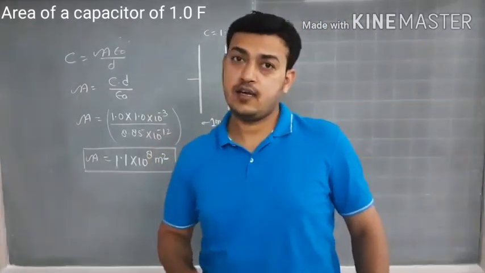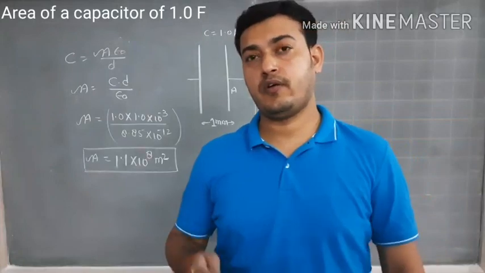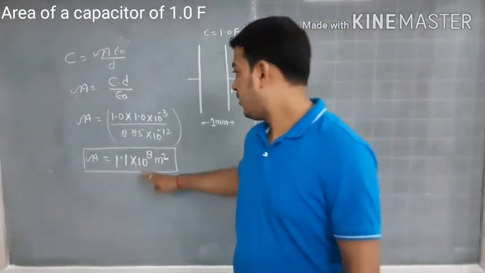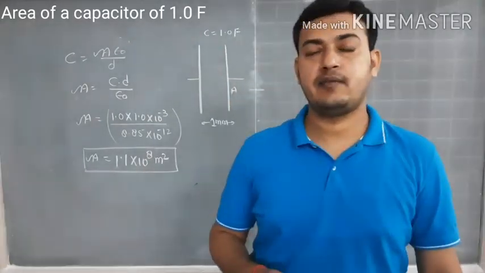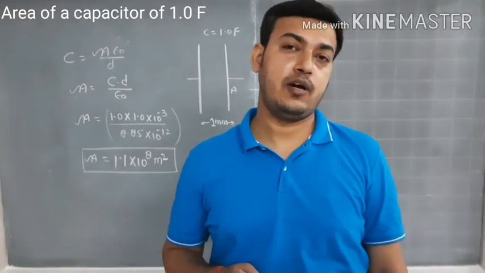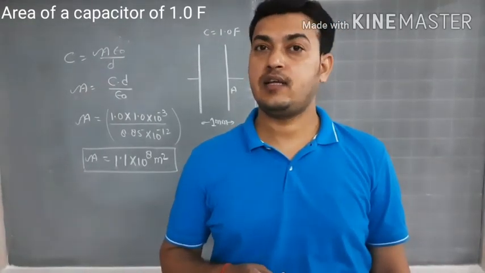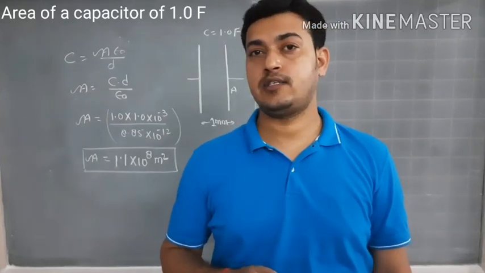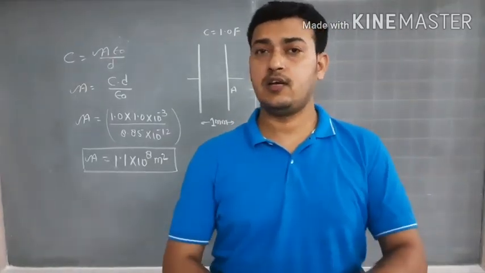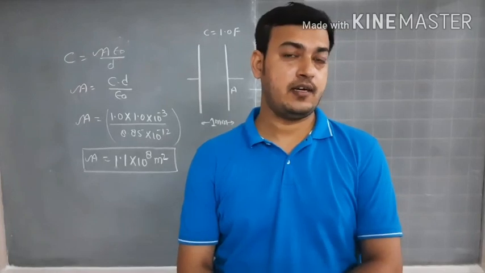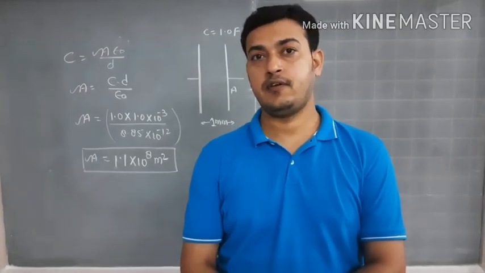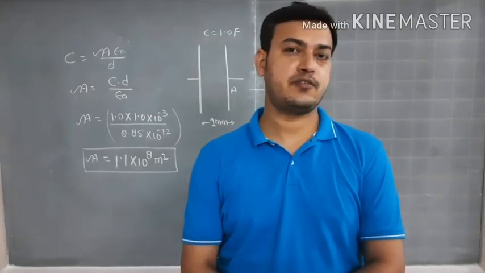Just think about the volume of such a capacitor whose each plate is about 100 kilometers squared, and that will be very large. So it is very tough, but in physics nothing is tough. We have the easiest way.